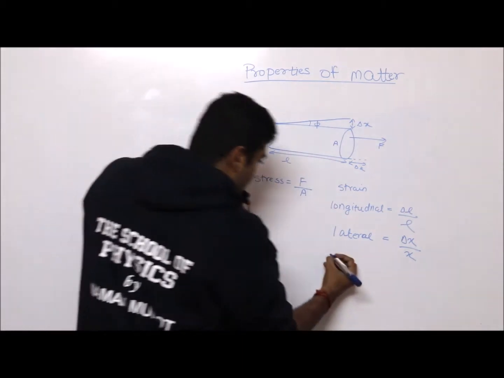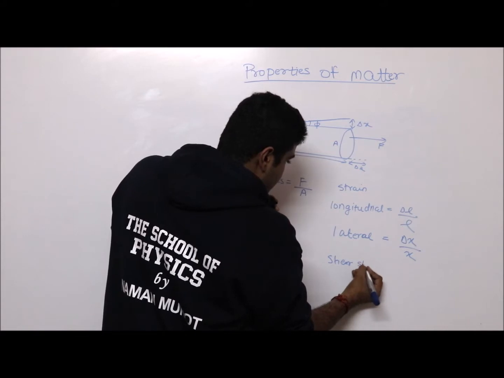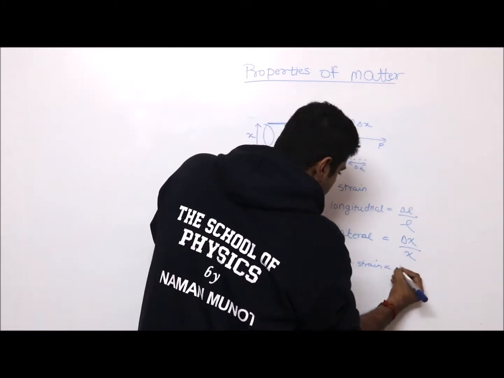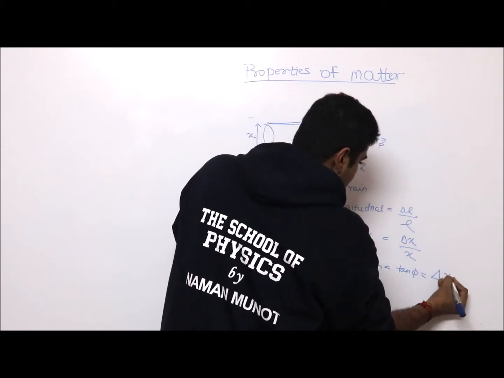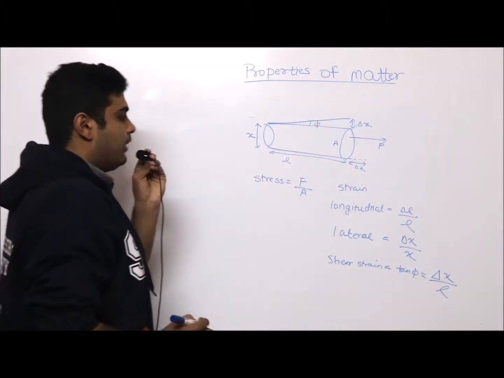Then there is another strain called shear strain, given by tan phi is equal to delta x upon L. That is, shear strain is tan of this angle phi.